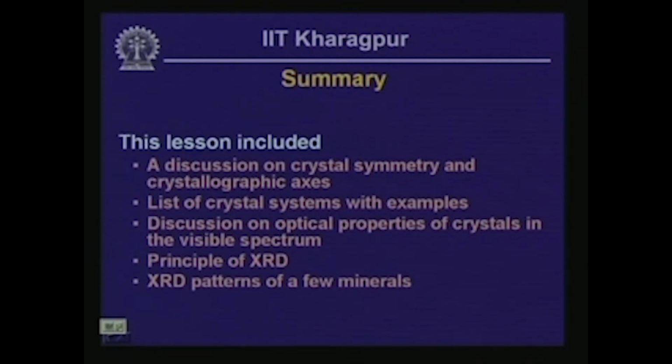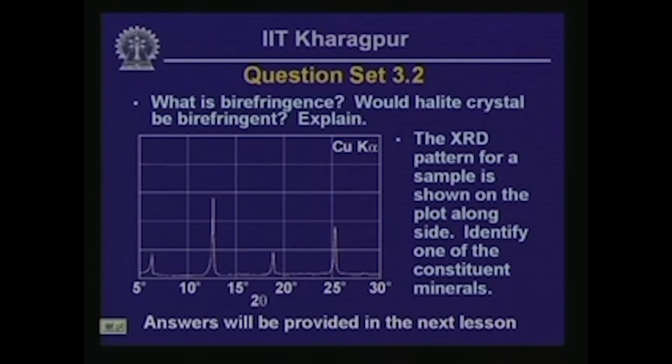We also considered the principles of X-ray diffraction, and we examined different XRD patterns of minerals. By comparing a particular mineral with standard XRD patterns, you could identify minerals, as we are going to see in one of the questions that I am going to give you as a part of this lesson.